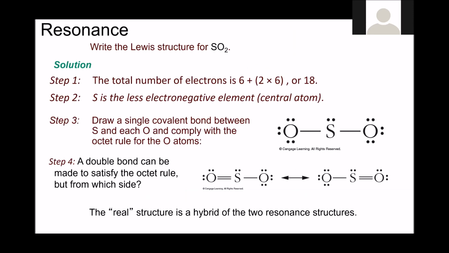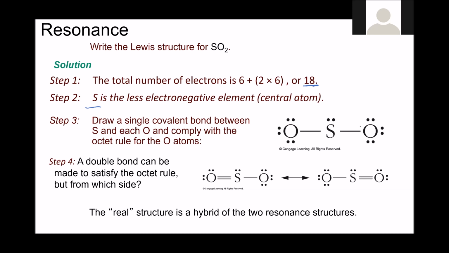For something like sulfur dioxide, if you draw the Lewis structure, we do the same 3 steps that we learned. Calculate the total number of valence electrons, which is going to be 18. Put the least electronegative atom in the middle, which is going to be sulfur. Surround it with the 2 oxygens.